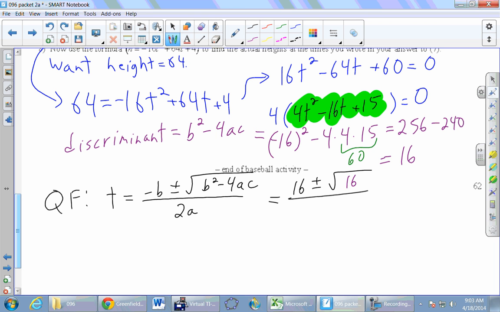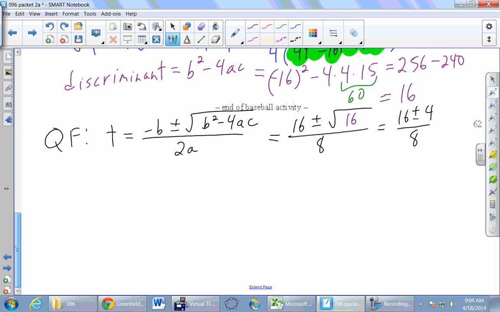Okay, and then on the bottom is a 2a. So what is that in this case? 8, 2a times 4. 16 plus or minus 4 over 8. Okay.